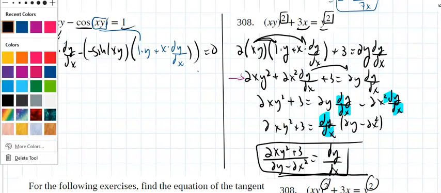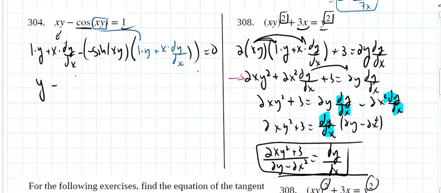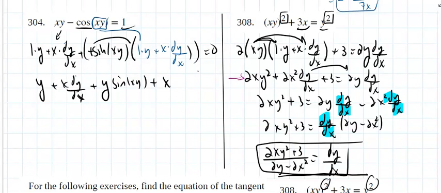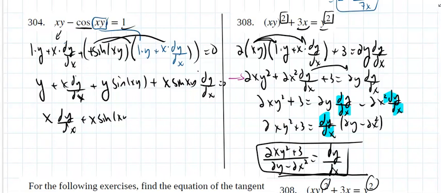And now cleaning it up requires a bit of algebra. That becomes a plus, distribute that in. Move anything that doesn't have a dy dx to the other side. So move that to the other side and that to the other side.